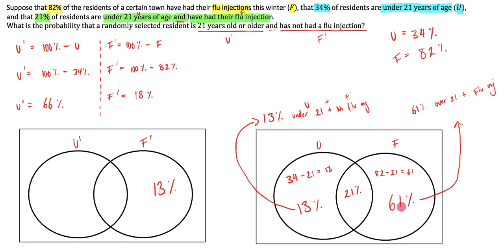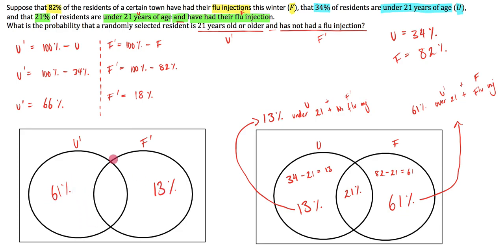This 61%, because it isn't in this circle, tells me that they're over 21. And because it is in this circle, it tells me that they have had the flu injection. So in other words, this is U dash plus F. That means it actually exists over here. U dash because they're over 21 and they've had the flu injection, which means it's not over in this space right here. So it has to be over here. So 61%.